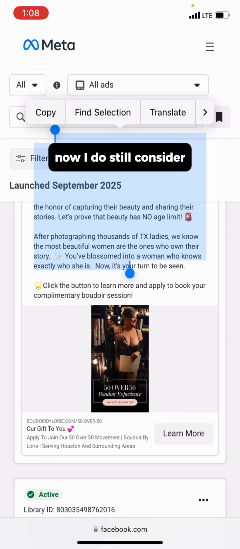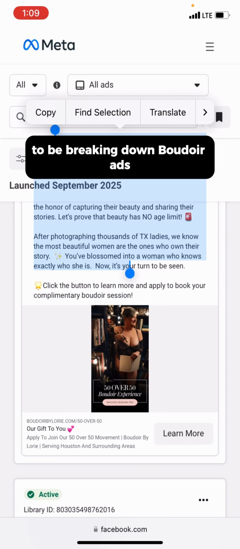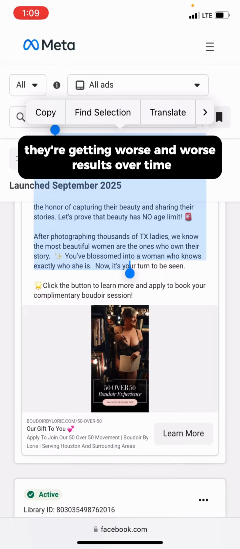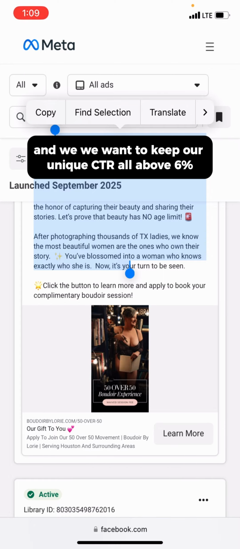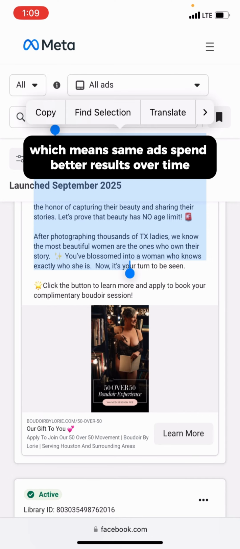Now I do still consider Boudoir ads that have more than 2 out of 10 of these mistakes to be breaking down Boudoir ads. So, they're getting worse and worse results over time because they're going down the downward ad spiral of despair. And we want to keep our unique CTR above 6%, higher chance we go into the upward spiral of awesomeness, with our ads going to better and better prospects over time, which means same ad spend, better results over time.